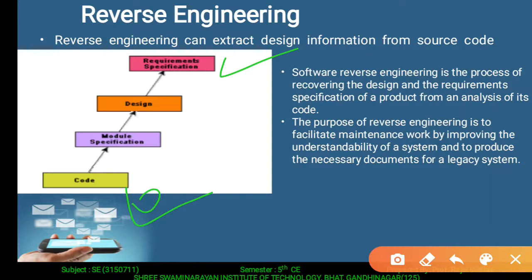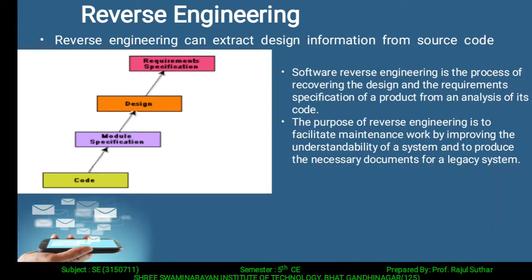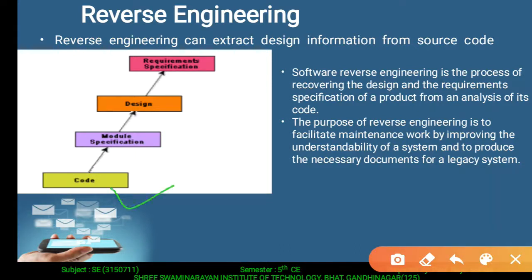We start with the code and reversely apply each and every step. So software reverse engineering is the process of recovering the design and requirement specification of the product from an analysis of its code. So here remember we start with the code, then we analyze the code.